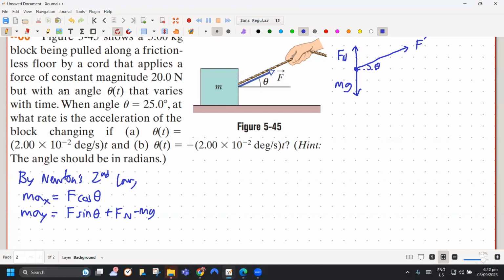Mag-zero pa yung normal force, compute mo. The normal force is zero when? Dapat when it's off the ground. Zero normal force, ano yung acceleration sa y? Zero normal force. F sine theta minus mg.